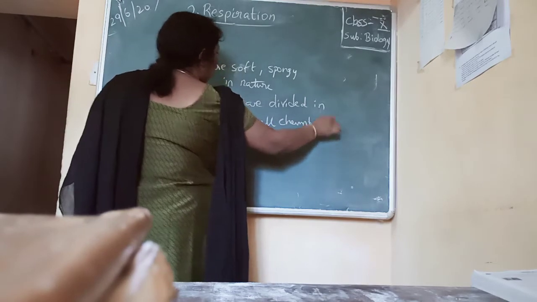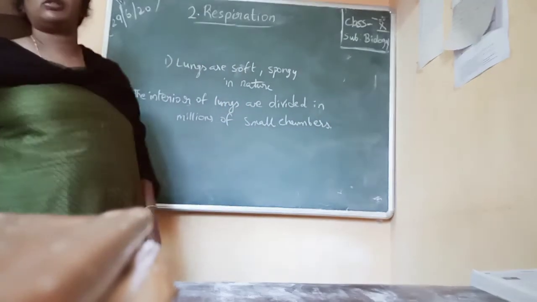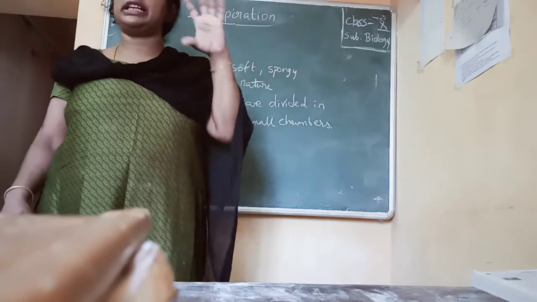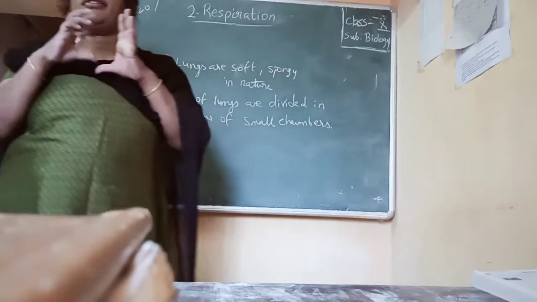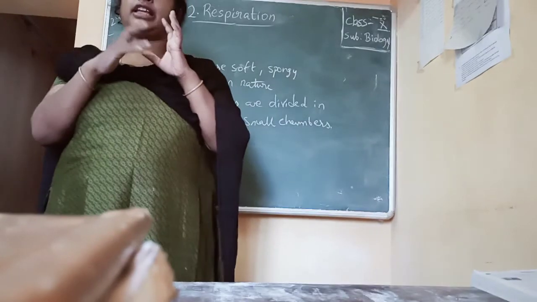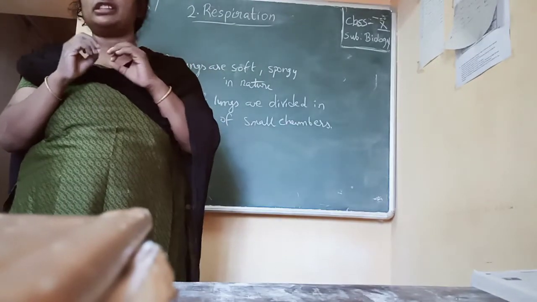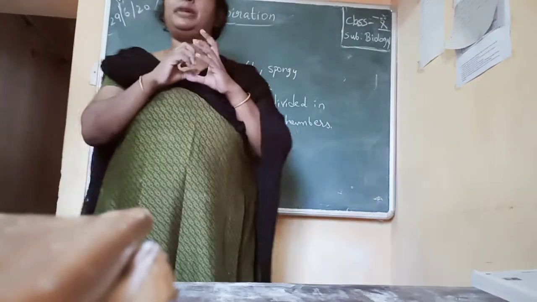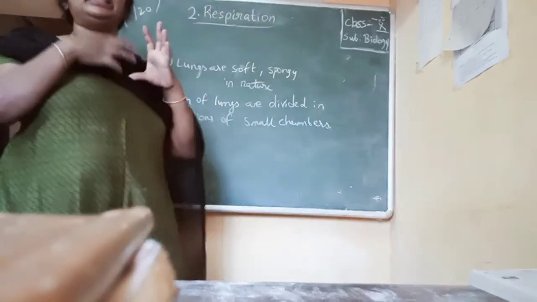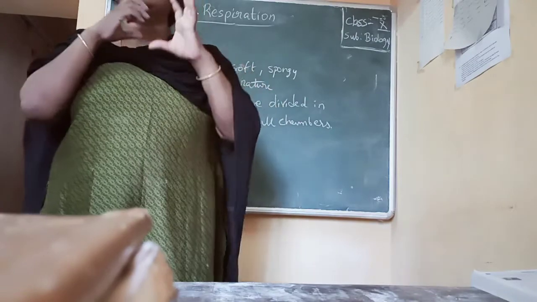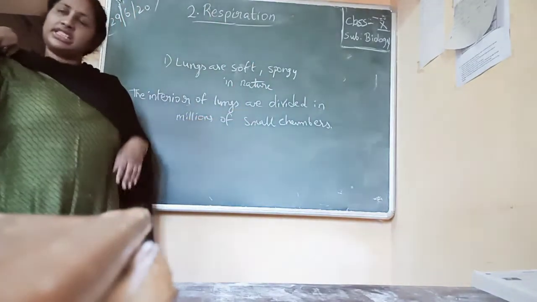Okay, if you see the lung inside, it is completely filled with alveoli. So I have said that there are millions of alveoli. So that means the interior of the lungs has millions of small chambers.